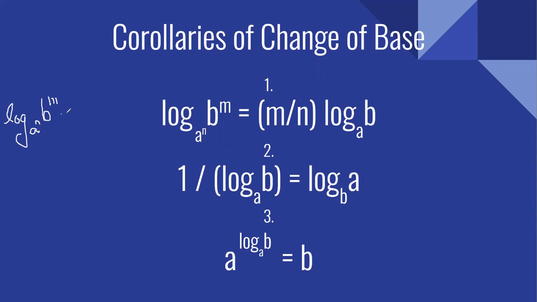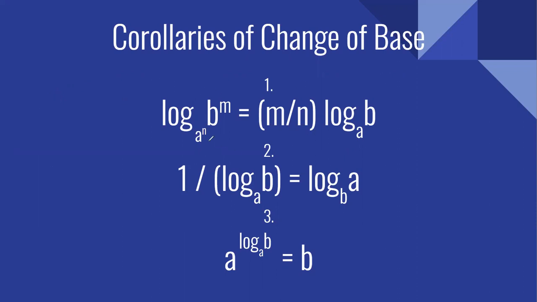First we have to take care of the powers, and here the powers are m and n. With a practical view, we know that m is above n, so while writing it as a fraction, we write m above n. And then we just copy the logarithmic expression without the powers. So this becomes log b to the base a. So this is the first corollary of the change of base theorem.